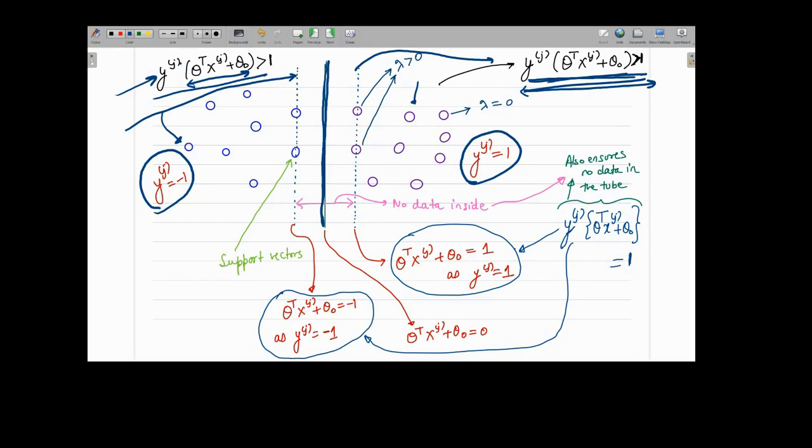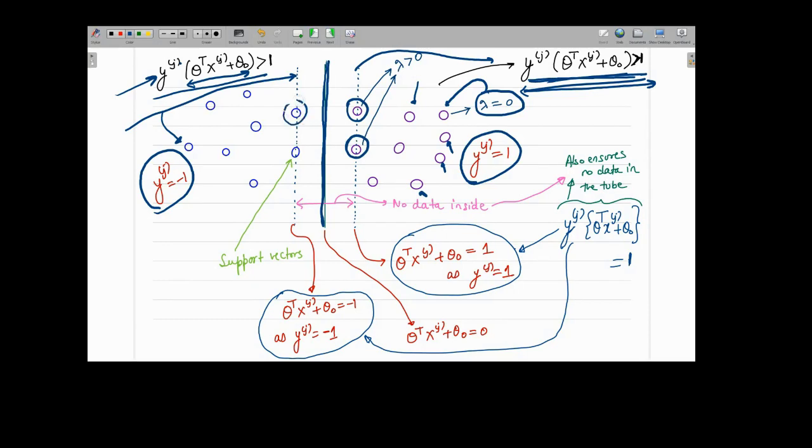Note now that lambda is actually 0 for all these data points except the points which are here. These 2 points, lambda is actually greater than 0, but for other points, lambda is actually equal to 0.